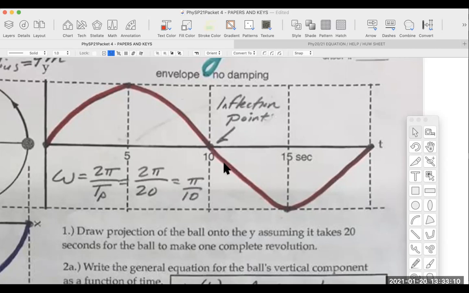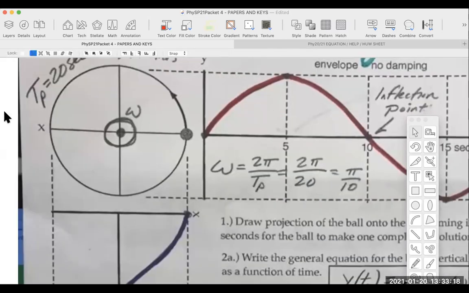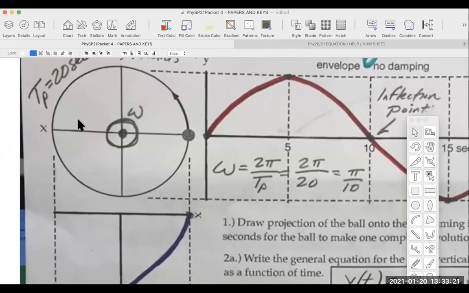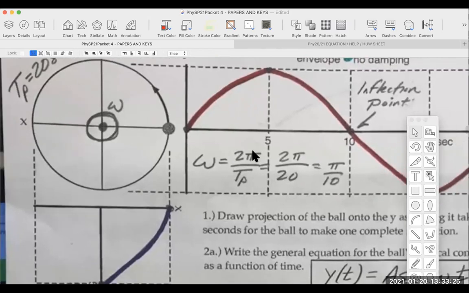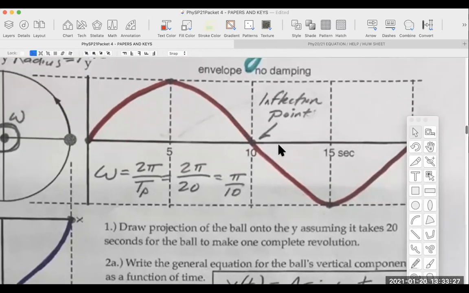But that is where the tangent line would be the steepest in the middle, where velocity is negative because you're going down, and also going the fastest. That's the steepest slope. It's called the inflection point.